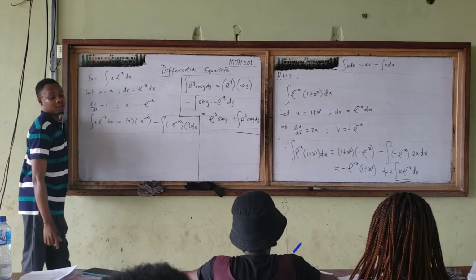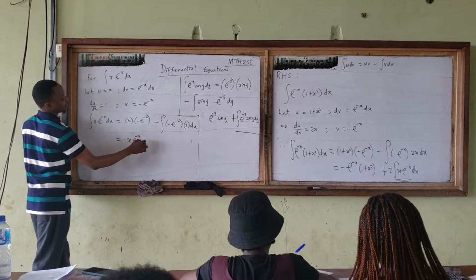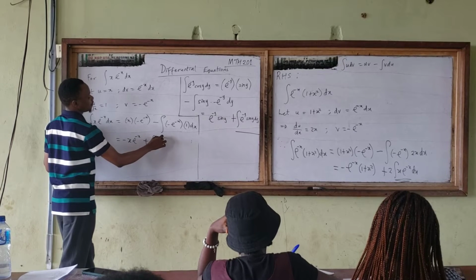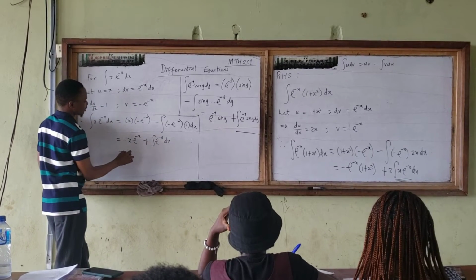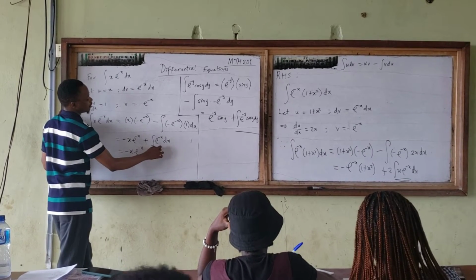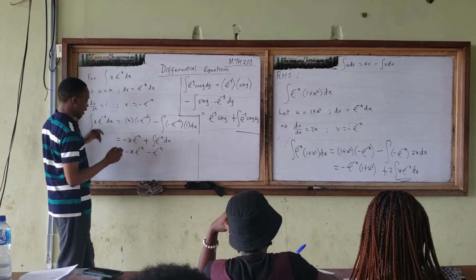Is it clear? Yes, sir. So this is going to be minus x e raised to power minus x, plus the integral of e raised to power minus x. This is quite easy. This is going to be minus x e raised to power minus x minus e raised to power minus x.